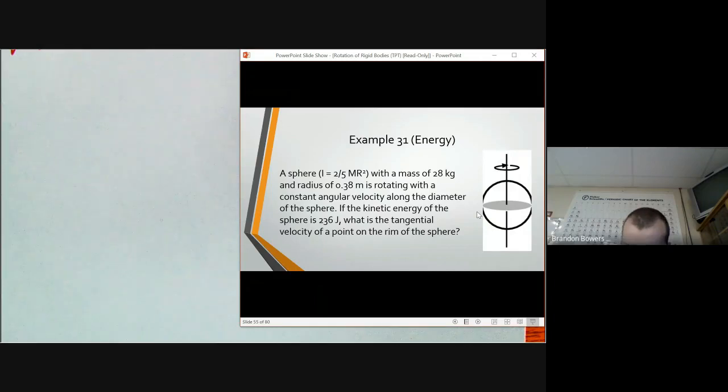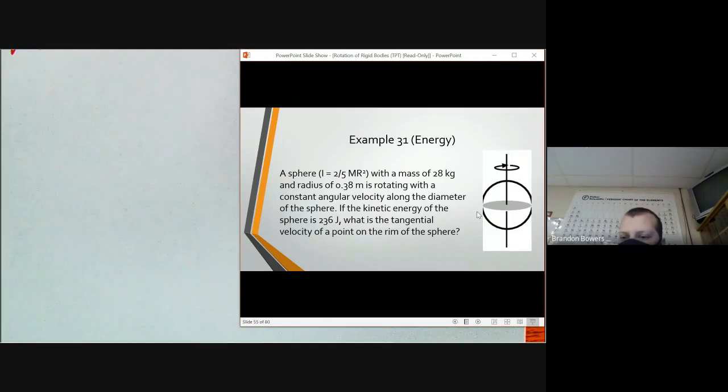Which diameter is it that it's rotated? Is there an infinite number? There are an infinite number of diameters of the sphere, so which one is it? They're all going to be the same. Yes, but it depends.